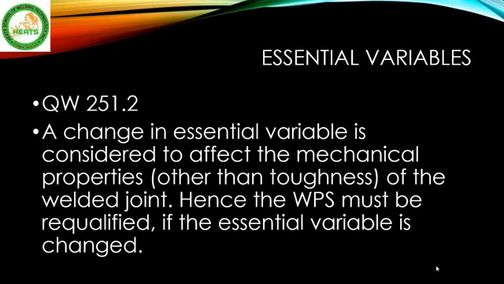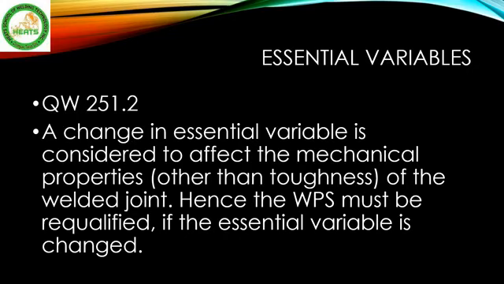As per QW 251.2, a change in an essential variable is considered to affect the mechanical properties, other than toughness, of the welded joint. Hence, the WPS must be requalified if the essential variable is changed.